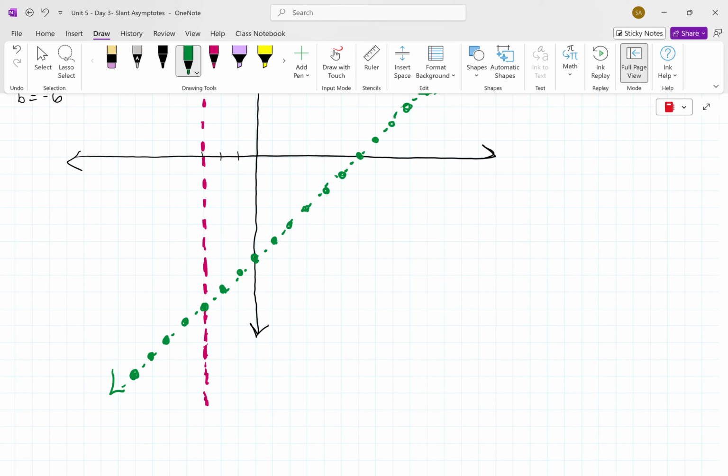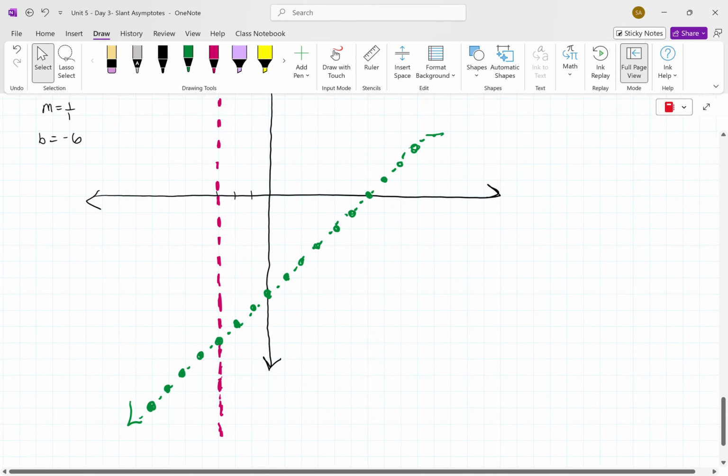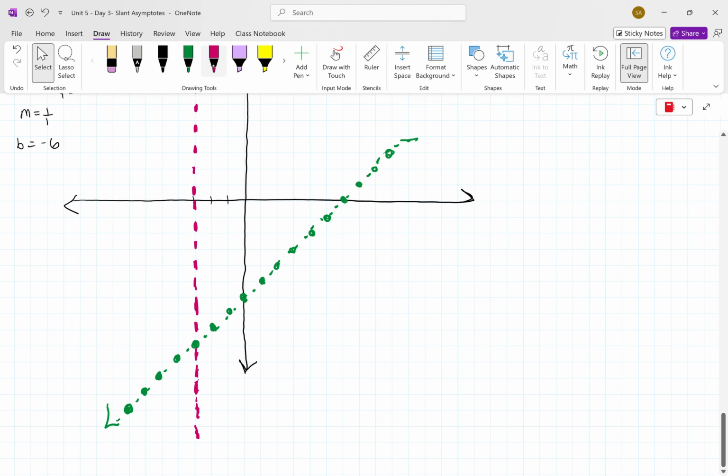Okay, did we have any zeros? Yes. Yeah, we sure did. What zeros did we have? Good. We had a positive 4. 1, 2, 3, 4. And we had a negative 1.